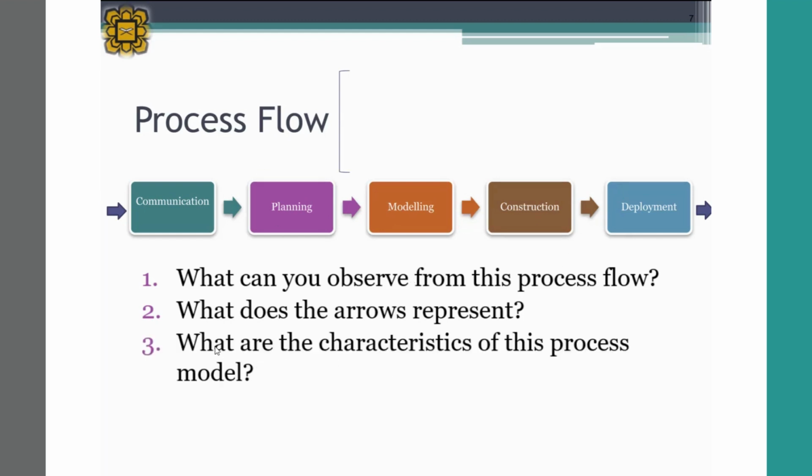What are the characteristics of this process flow model? Okay, you can see that one of them is that you must finish one process before you move on to the next one, right? So let's say you have an error, for example when you do modeling, you find out that you have an error. According to this process flow, we don't go back and fix it.